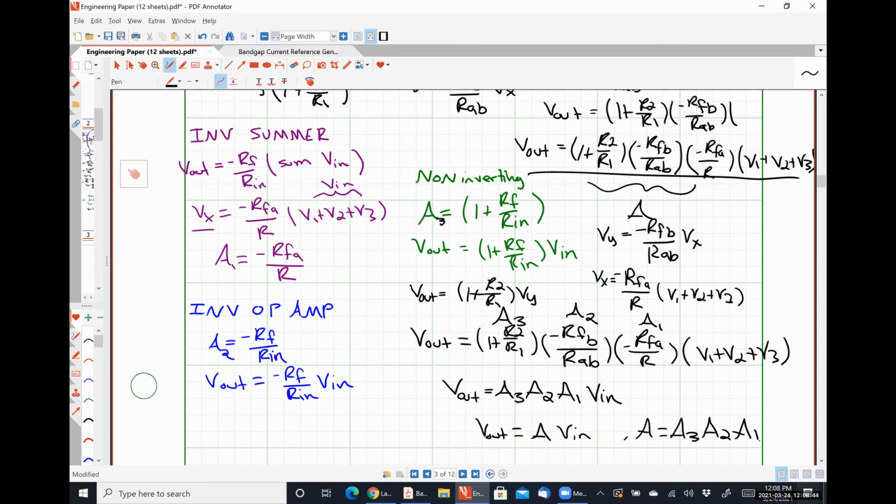So cascaded op amps can be as difficult or as easy as you want to make them, depending on whether or not you want to take the time to learn what the different stages look like. The reason that they're cascaded so often, they're called operational amplifiers, is because they were used in analog computers to do just that, operations. So stuff like adding, subtracting, dividing, multiplying, integrating, differentiating.